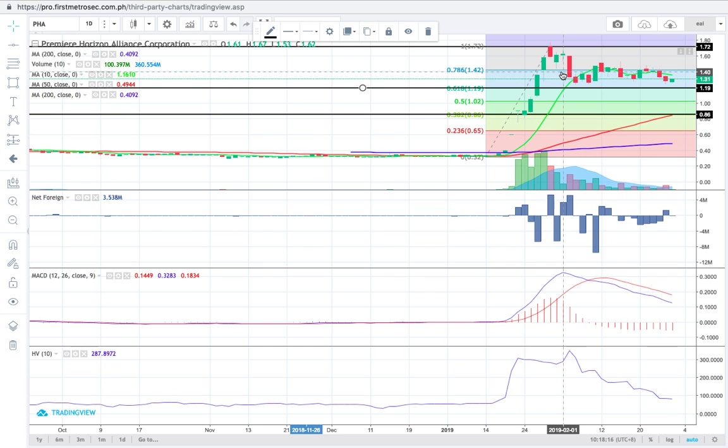Now, if you don't have a position on PHA yet, I would say continue monitoring this stock. Do not rush into entering at the current price. If the price touches 1.20 and the volume is above the 10-day volume average, wait. When that happens, there's a high probability for PHA to go below 1.20.